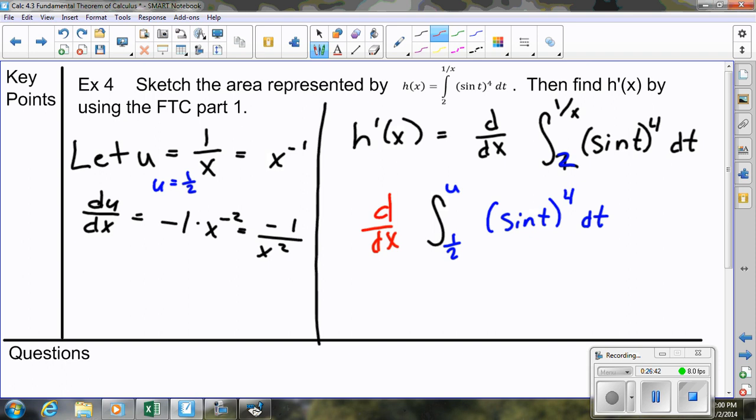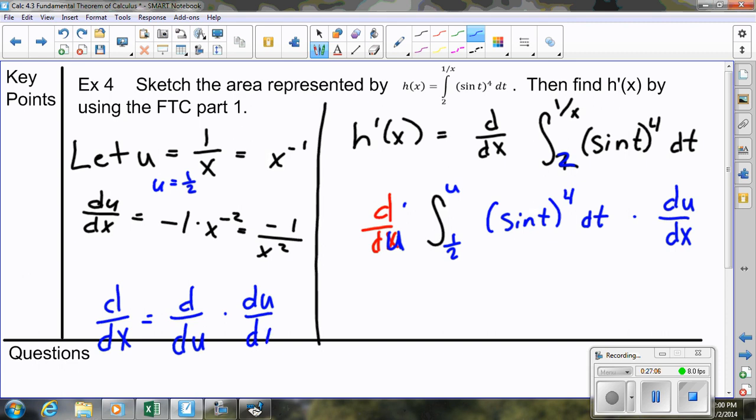If we want to change it from the derivative with respect to x, it's going to be the derivative with respect to u multiplied by du dx. Remember the sloppy algebraic shortcut that we were looking at: d dx is like d du times du dx, where the du's wind up canceling and you wind up with just d dx.